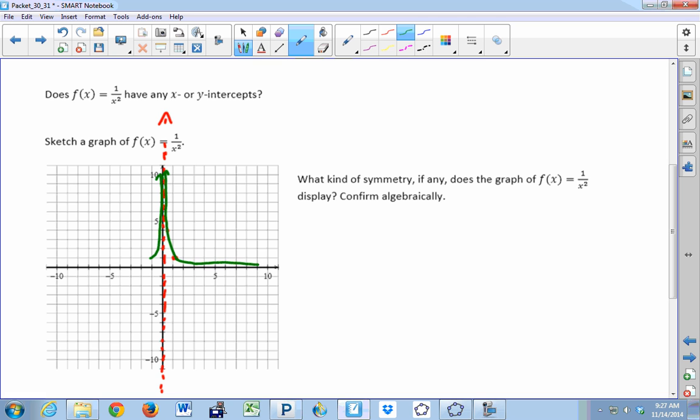And everything is positive, so we're getting closer and closer to the x-axis. So that's your horizontal asymptote. This definitely has even symmetry. We've already confirmed it. And there's the graph of 1 over x squared.